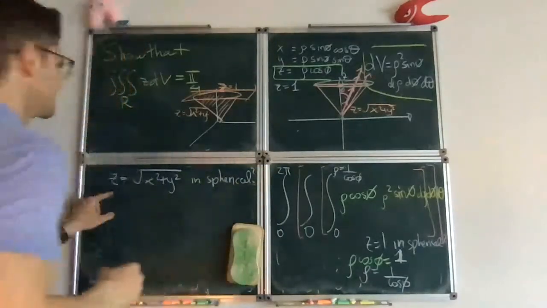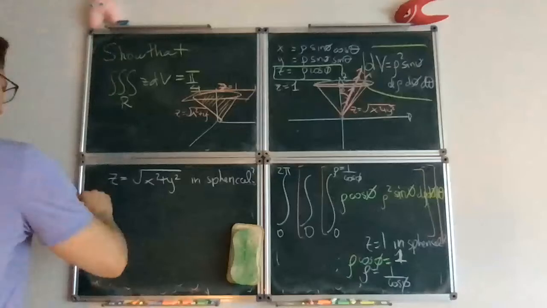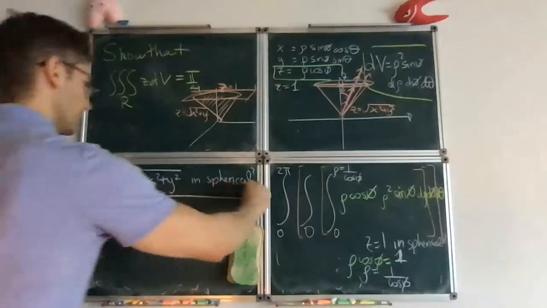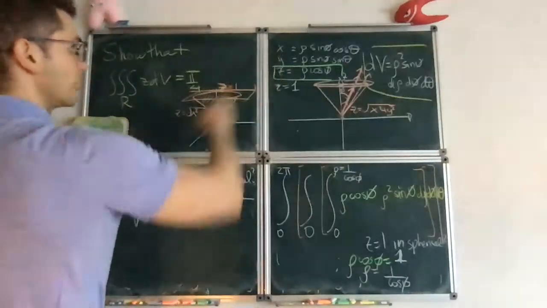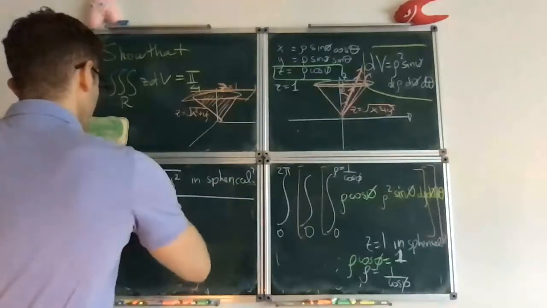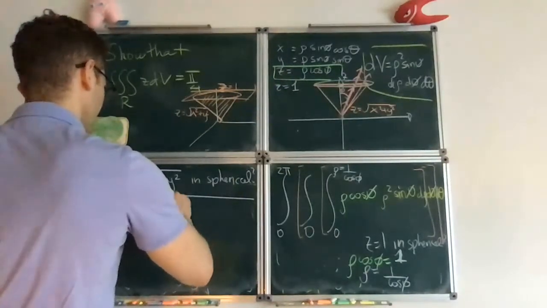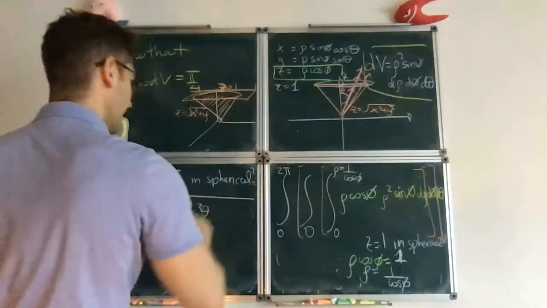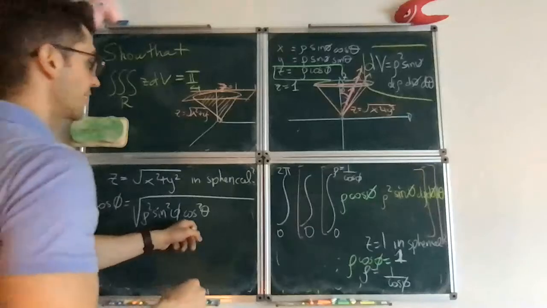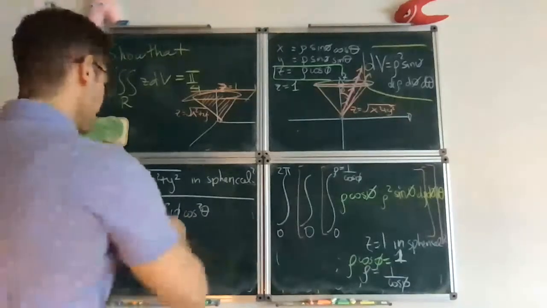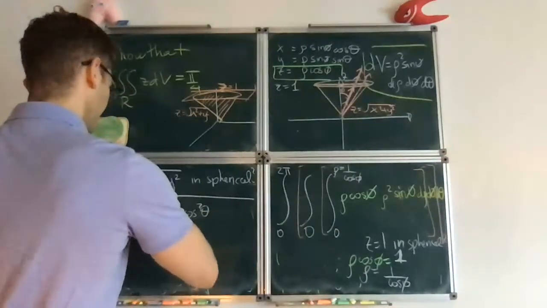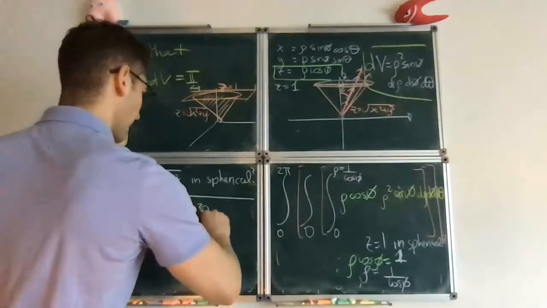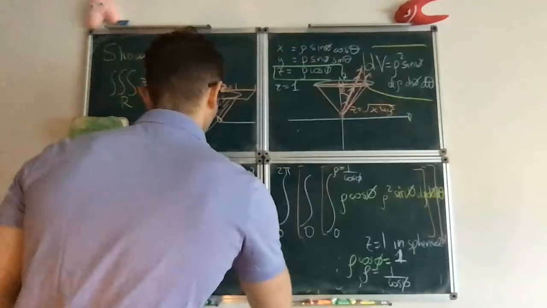Well, again, c equals rho cosine of phi. And x squared equals rho squared sine squared of phi cosine squared of theta. And y squared equals rho squared sine squared of phi sine squared of theta.